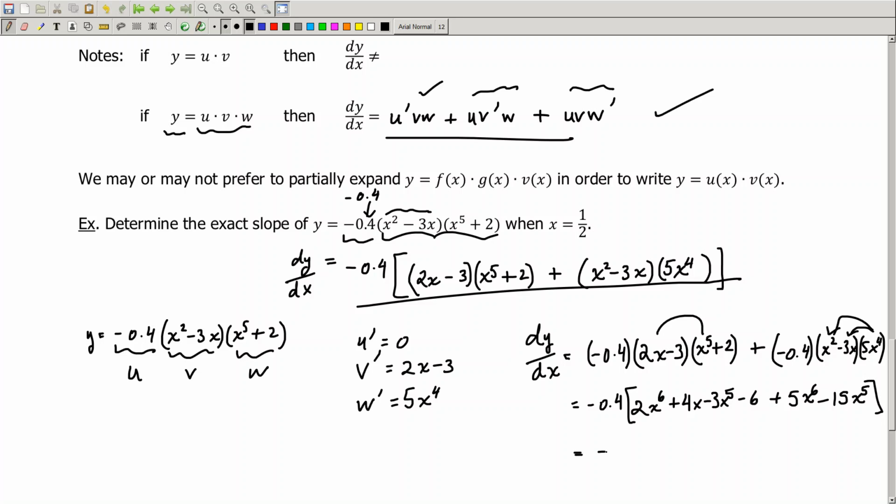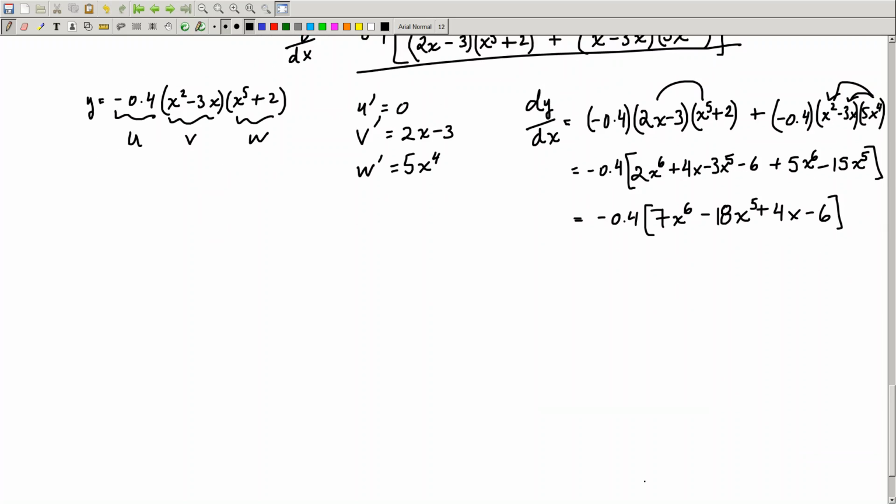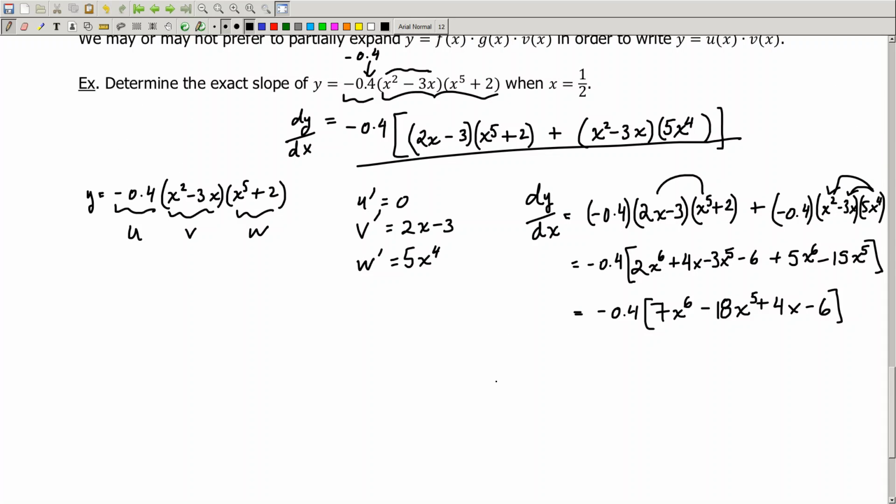Now I have to collect like terms. I've got 2x to the 6 plus 5x to the 6, I get 7x to the 6. I've got negative 3x to the 5 minus 15x to the 5, which is negative 18x to the 5. The other like terms, actually there are none, so 4x minus 6. There you go. And so I've got the derivative when x equals 1/2.